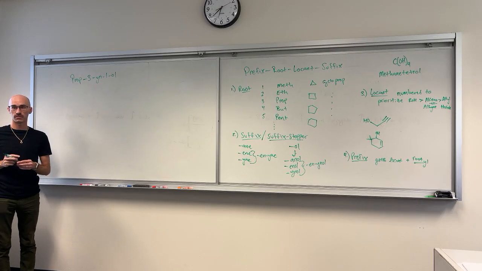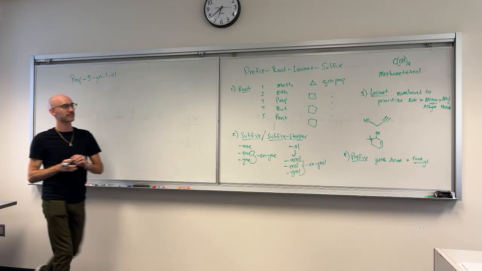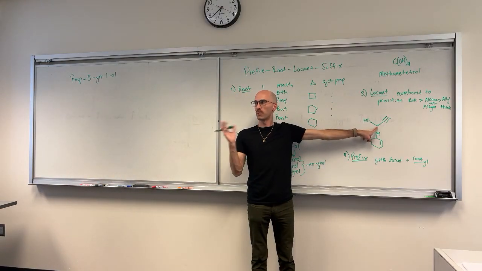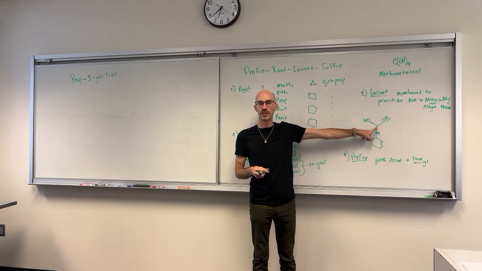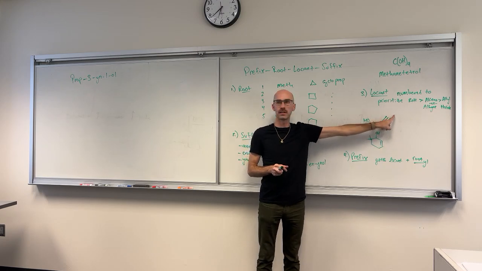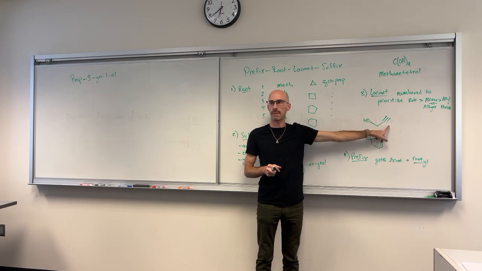Cooper. Why? So here's carbon 1. We prioritize the alcohol. Where does the alkyne start? Carbon 2. Luis, do you agree? Yeah. What was your rationale between 3 instead of 2? Oh, sorry.